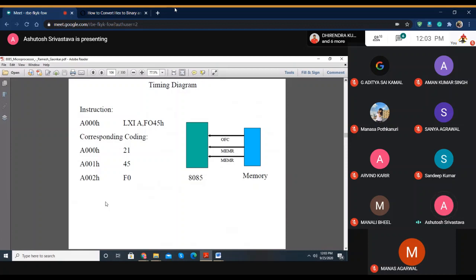Here is another example in which we are loading into the accumulator the value F045. Loading immediately into the accumulator the value F045.